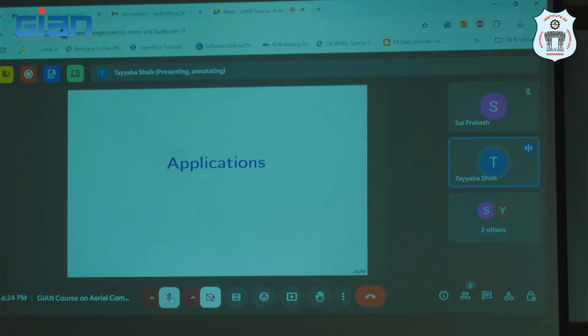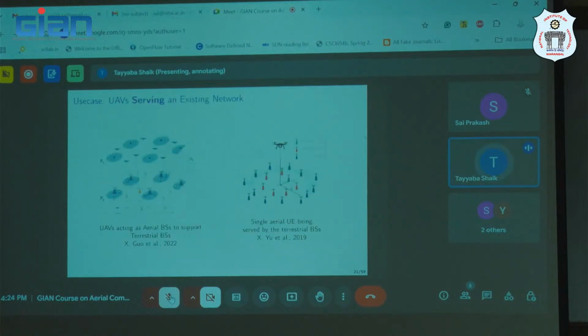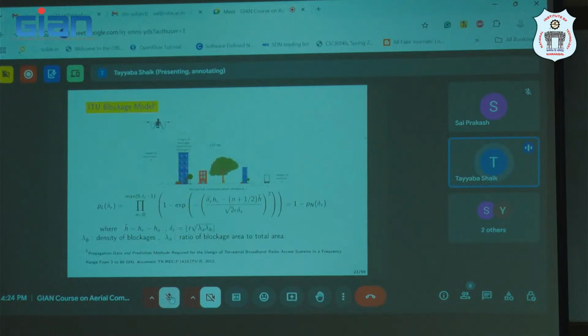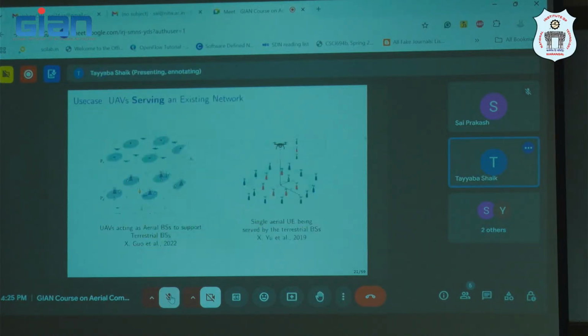These are actually a part of our work, which are accepted works at Globecom and ICASSP. I'll present them in a while. But before that, we'll briefly see different kinds of applications and different kinds of implications that we have in a UAV network.